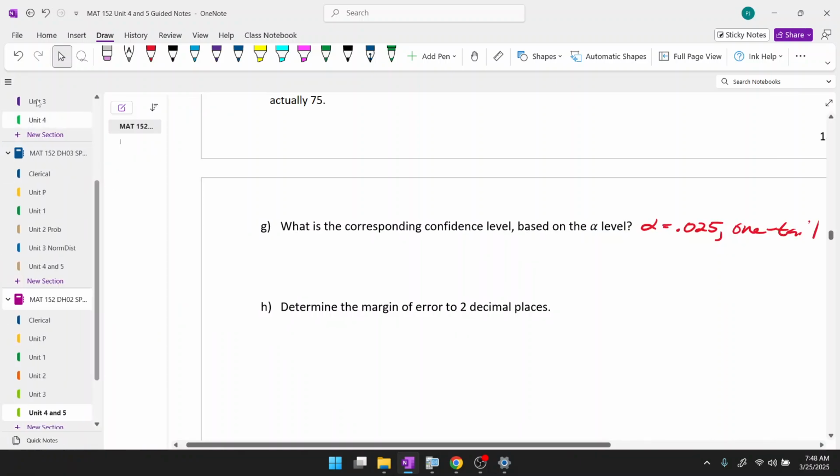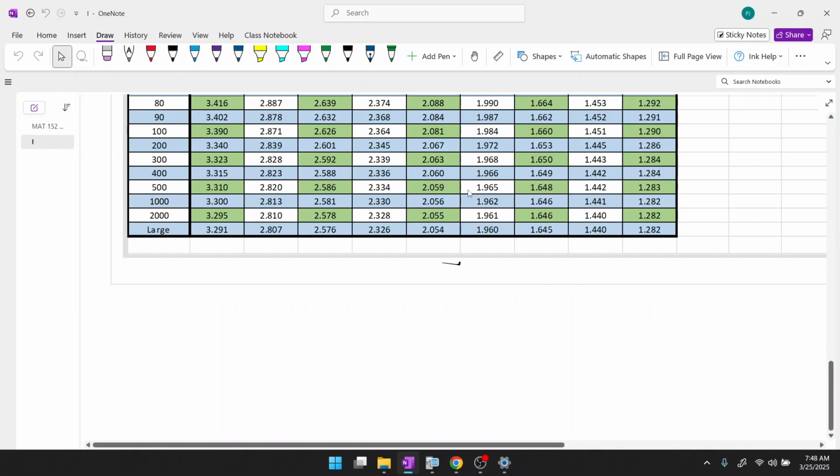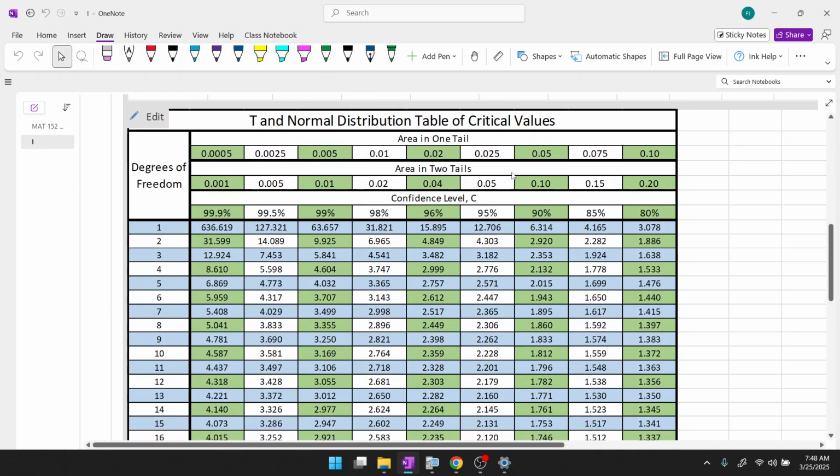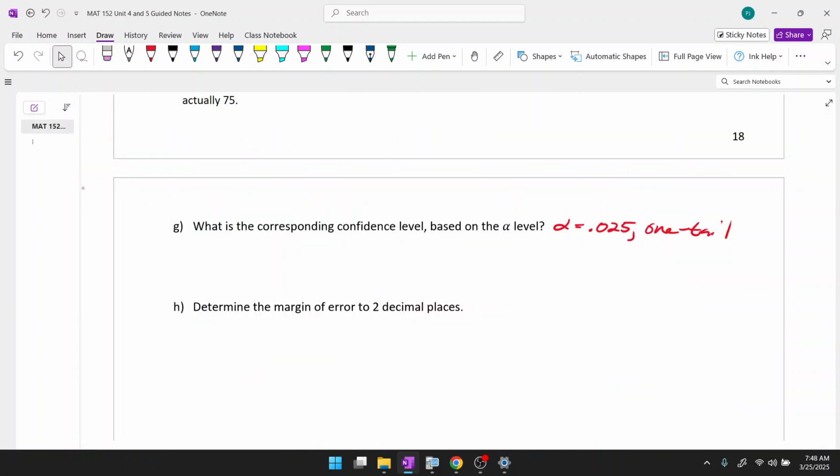Look at your little sheet here. 0.025 corresponds to 95% right there. So this is going to be a 95% confidence level. That's going to come into play in a little while as well, especially when we do this all in the calculator.